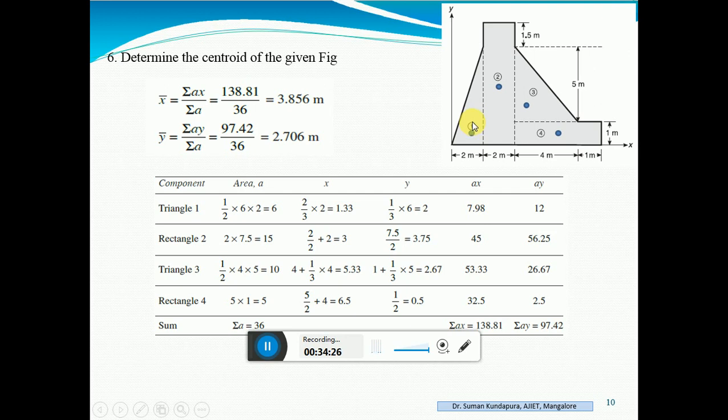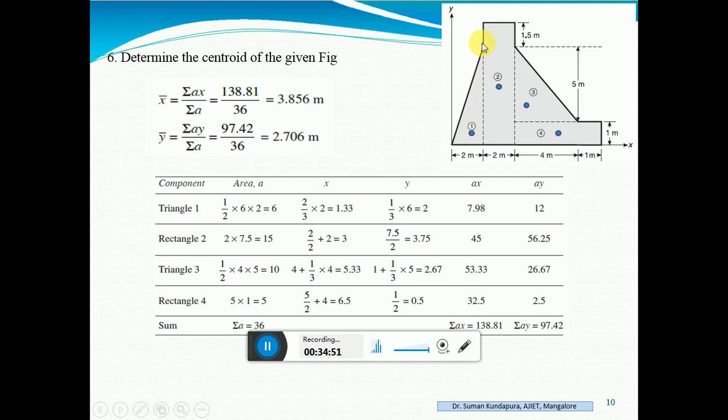Then the x distance from the y axis. For a triangle, from the apex side it is 2/3 of 2, which is 1.33. Okay. Y distance from x axis, what is the y distance?